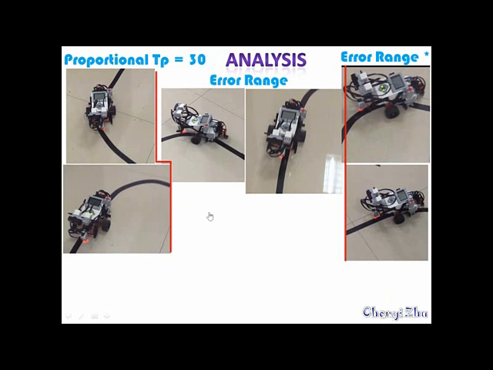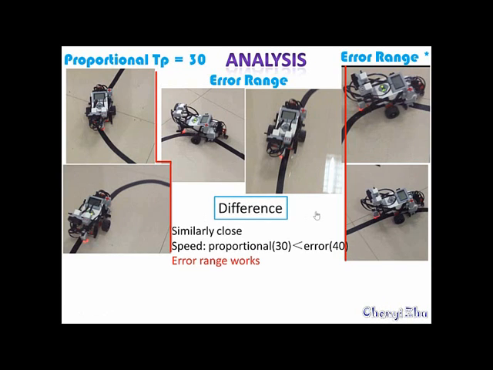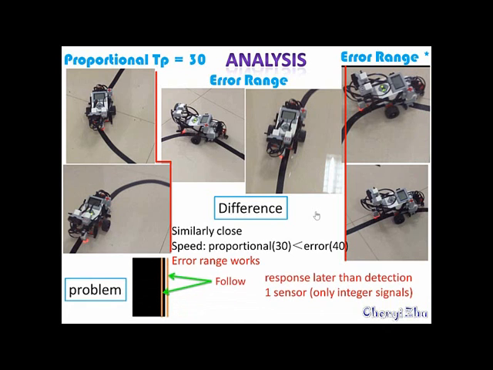This time, I'll compare the 3 models. They are similarly close to the line. However, the speed of the robot with the original proportional controller is lower than that of the robot with the error range. So the error range works, but actually it still has a problem.